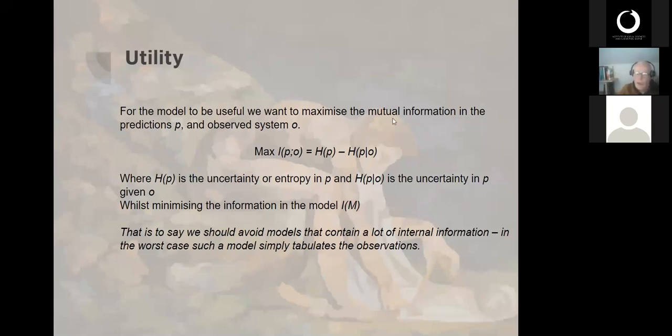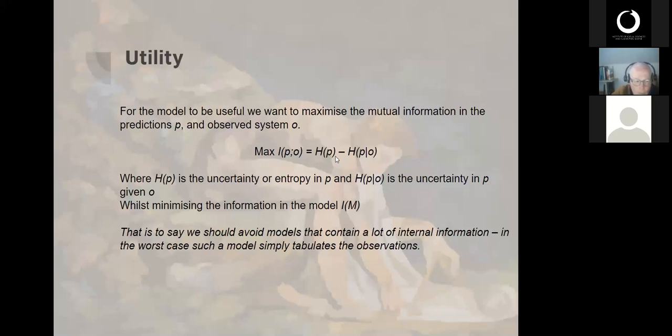We want to maximize the mutual information between the predictions and the observed system. That is to say, the model has got to be right. If the model says one thing about the world, the same thing must happen in the world. If the model says it's going to be raining today at 5 o'clock, you want it actually to be raining today at 5 o'clock. How do you work out mutual information?